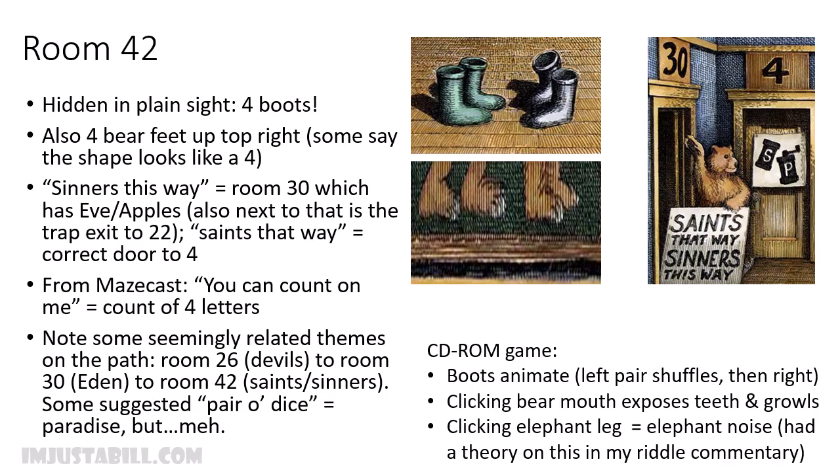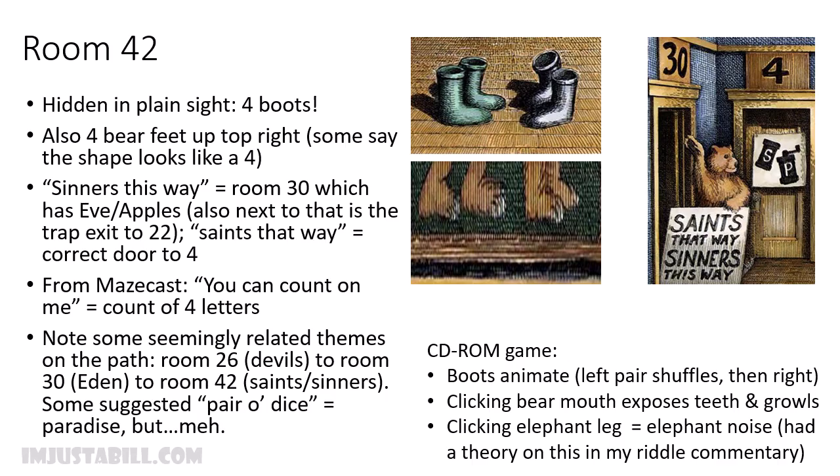Also next to the exit back to room 30 is the trap exit to room 22, whereas the bear's elbow says saints that way, and 4 is the correct door. So that's my interpretation. There are other interpretations people have had of the sign, thinking like, well, maybe it's an anagram, maybe it means ain't that way, inner this way, or something. I haven't really found anything convincing about that.